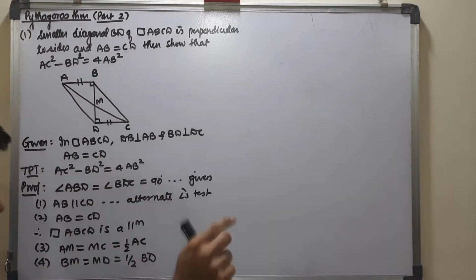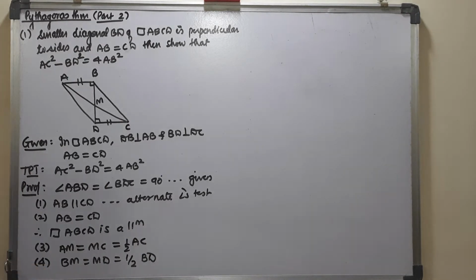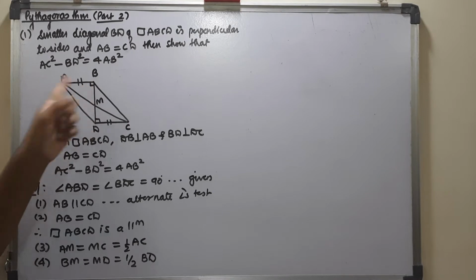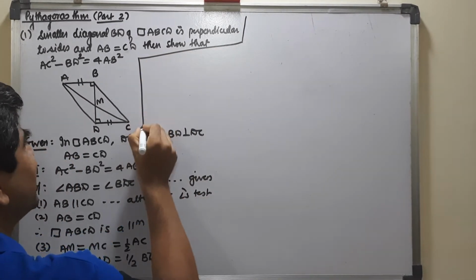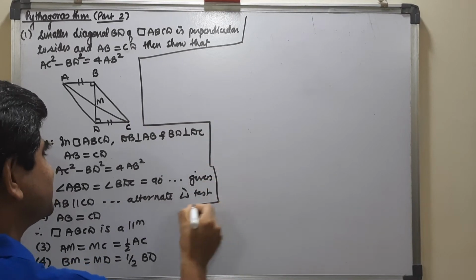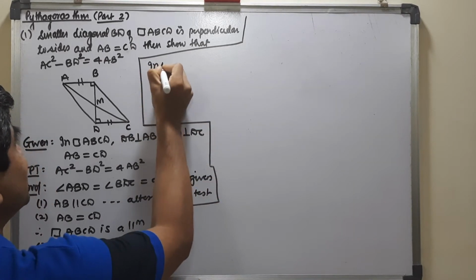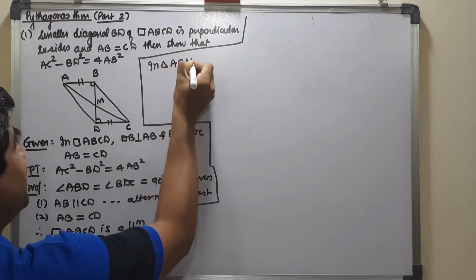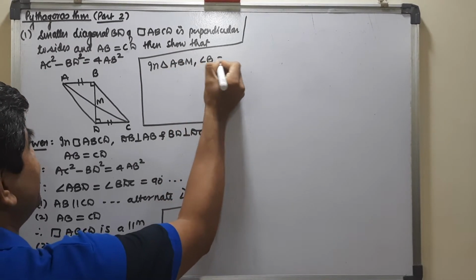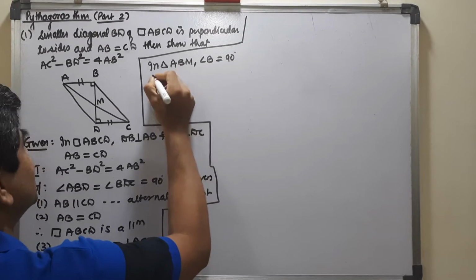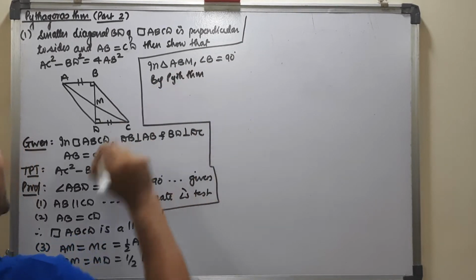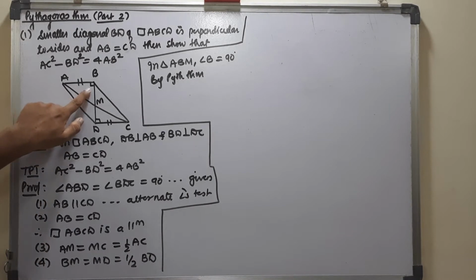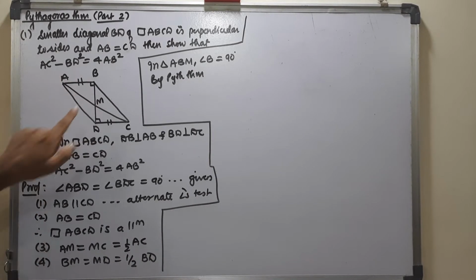Now I want this to be related with AB. So I want AB square, which means I want the Pythagoras theorem. AB is in this particular triangle with a right angle over here. So in triangle ABM, angle B is 90 degrees. By the Pythagoras theorem, this is the right angle, that means AM is the hypotenuse.